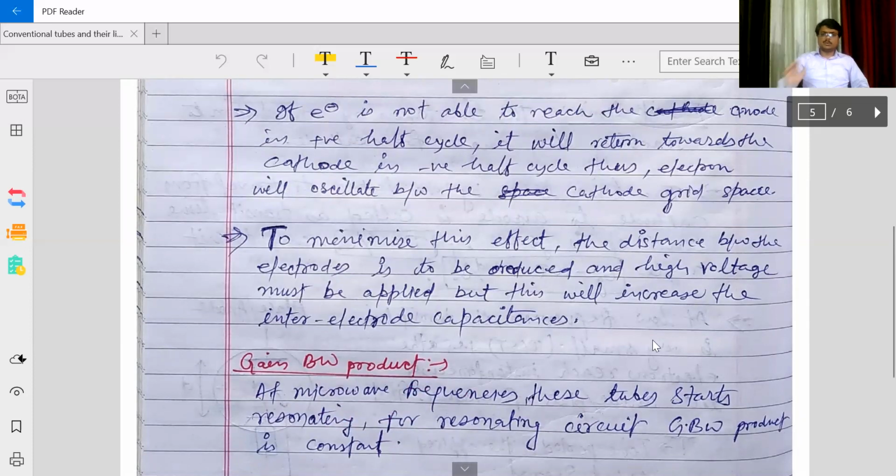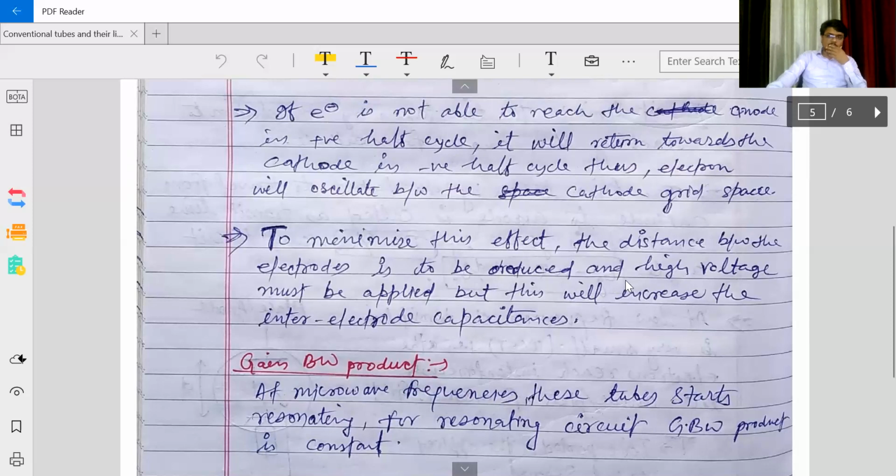So, to minimize this transit time effect, the distance or separation between the anode and cathode should be very, very small, so that it reaches the anode in very small time. And high voltage must be applied.